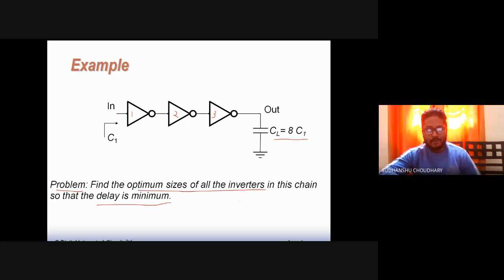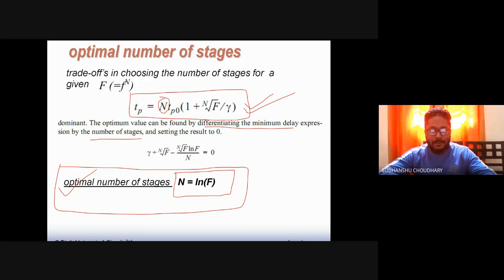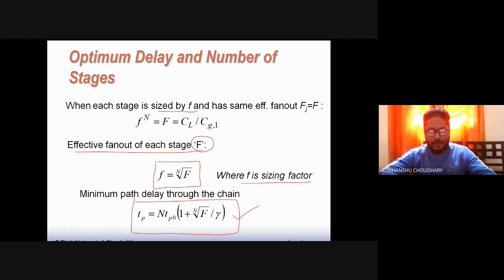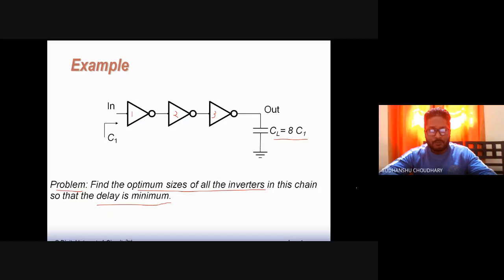Okay. So simply we will utilize this formula, that is n is ln F. And also we will use this formula, that is f is the nth root of F, the sizing factor. Okay, so we'll use these two formulas.